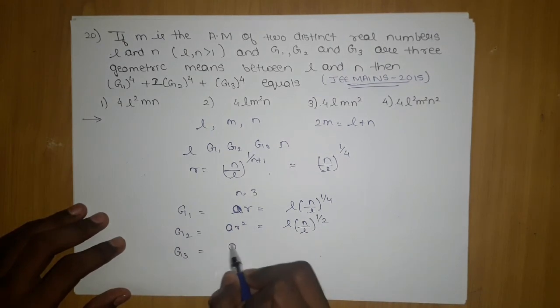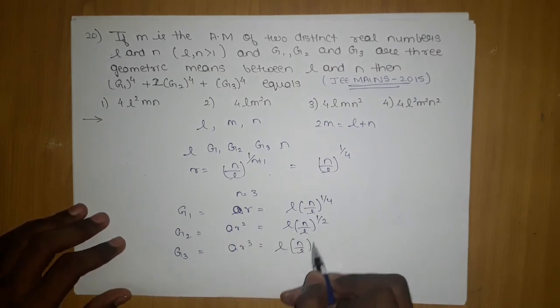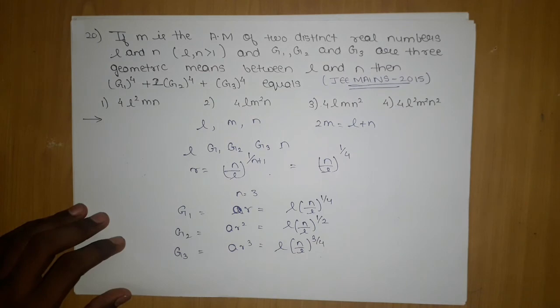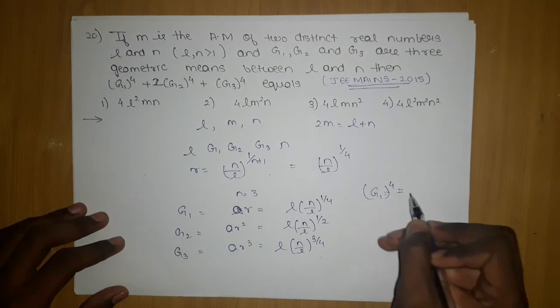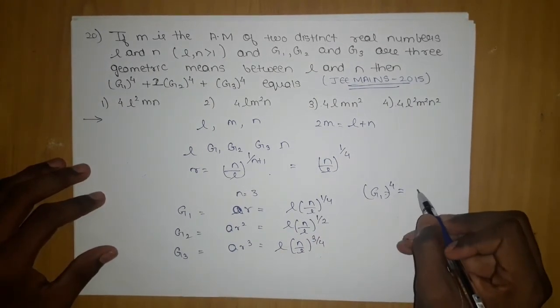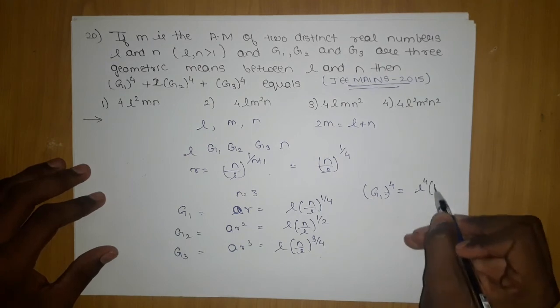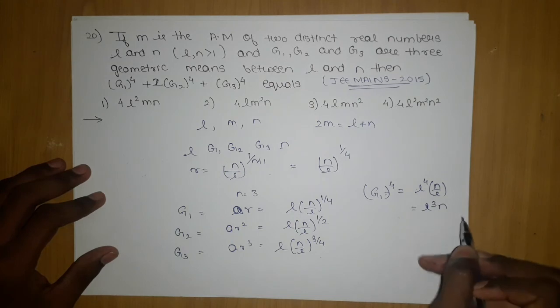Cube, it will be a r cube, l into (n by l) power 3 by 4. Okay, so if you observe, we want g1 power 4, which if we apply power 4, will be l power 4 into n by l, finally l cube n.